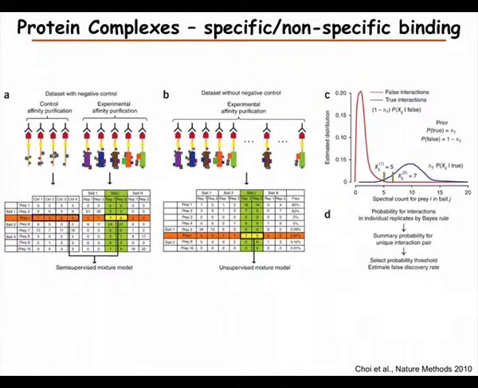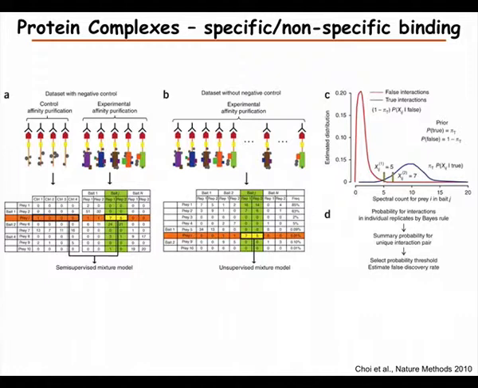Yeah, that's fine in these methods as long as you get a higher quantity, a higher spectrum count. Even if you have a low level over many of your IPs, but in one it's higher, it will be okay. So it can detect that.